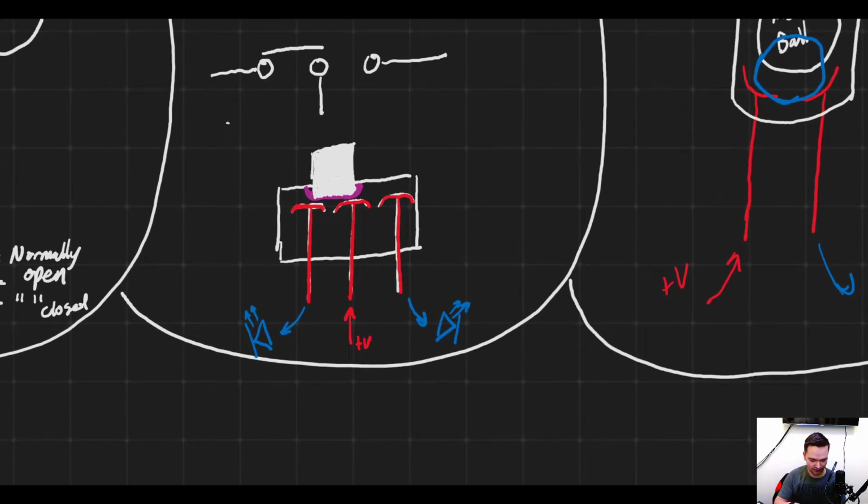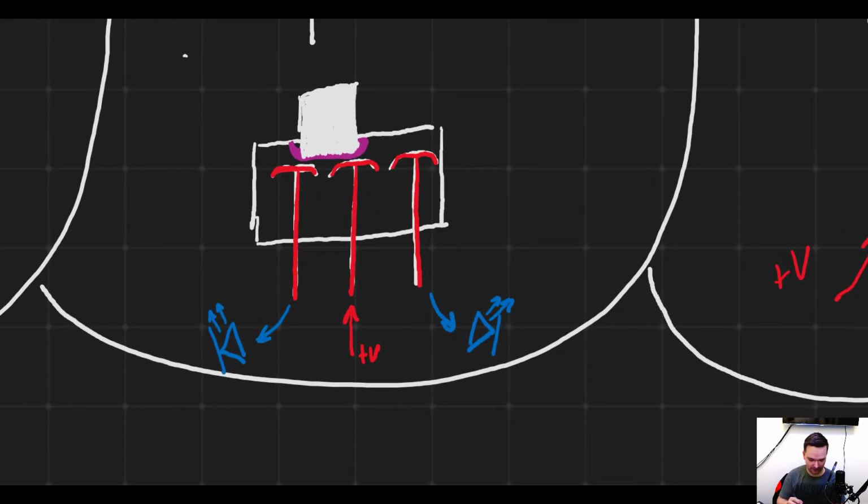And so the inside of the switch actually looks like this. And I have this written here. So maybe I have my positive voltage attached to the middle switch here. And then there's my slider up here, and you can see this purple spot kind of representing a piece of metal.